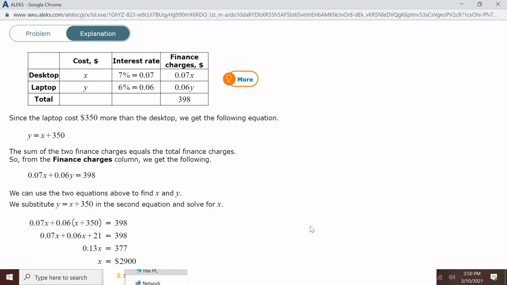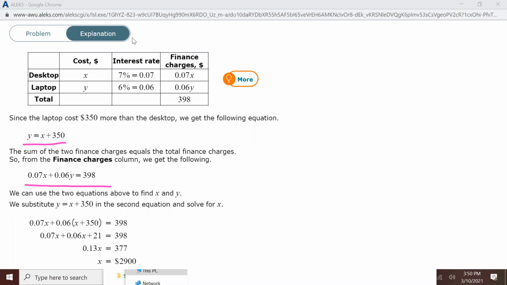So using the table, we get an equation of y equals x plus 350. Or no, that's not from the table. That's from the information at the beginning of the problem. But we do know from the table that we get this equation right here. And so now, once again, we have a system of equations made up of these two.